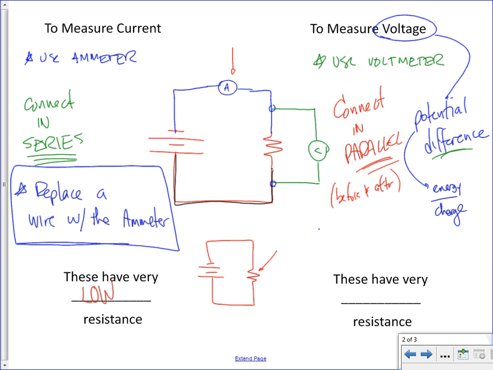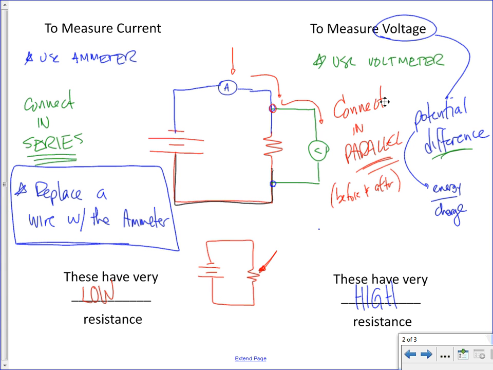However, for the voltmeter, let's say that some current gets to this junction. Typically a certain amount of current goes through that resistor. What we don't want is to take some of that current and let it go this way. And so to keep current from going through that voltmeter, voltmeters are given very, very big resistance.